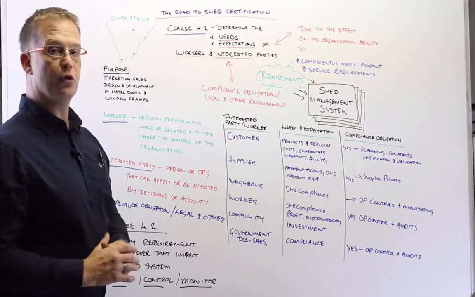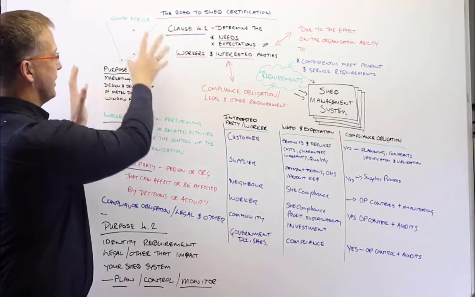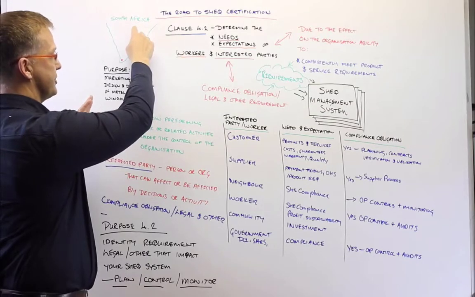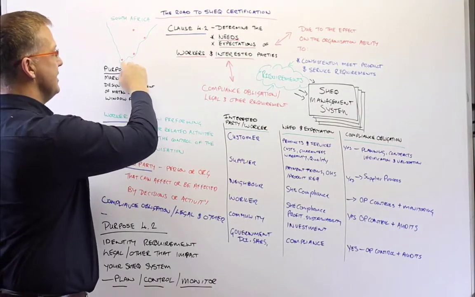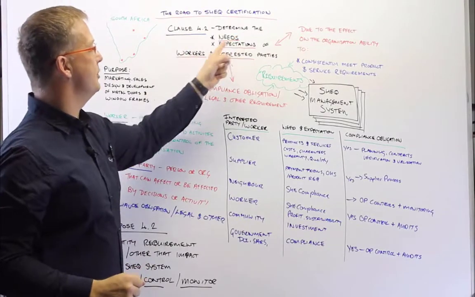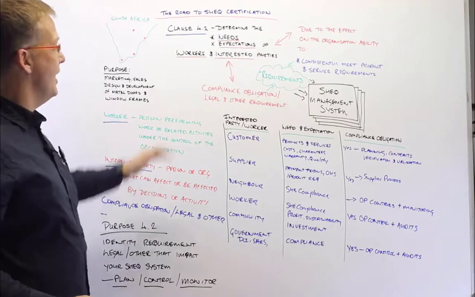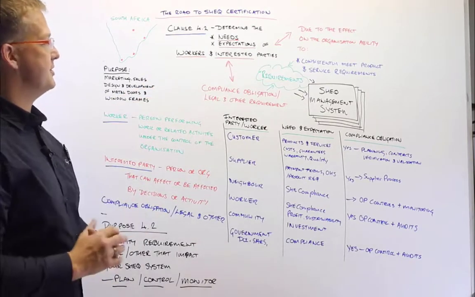So when we look at clause 4.2, for the scoped organization with 4 branches, Gauteng, KZN, PE, and Cape Town, we need to determine the needs and expectations of workers and interested parties.